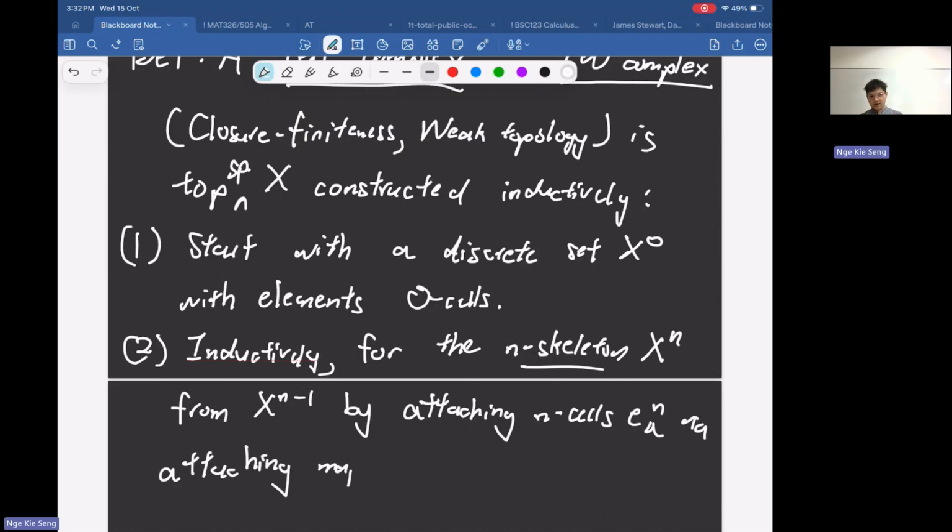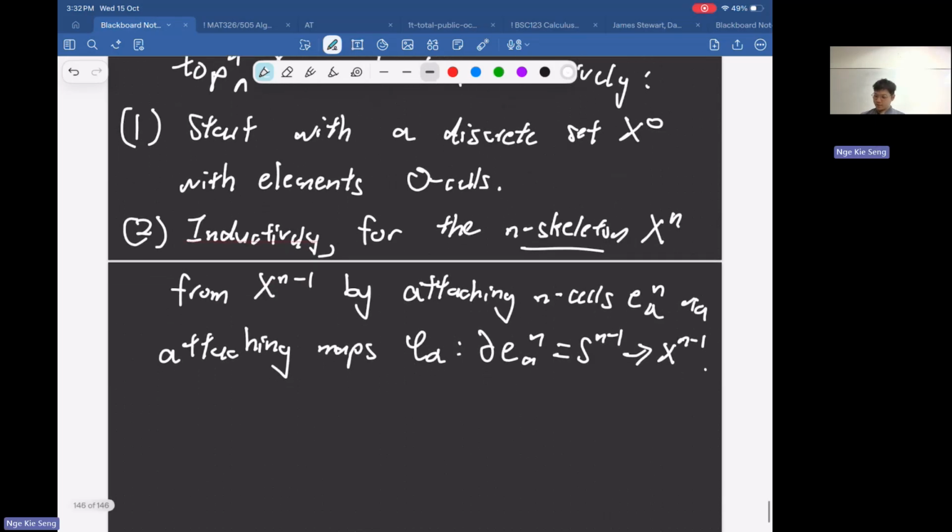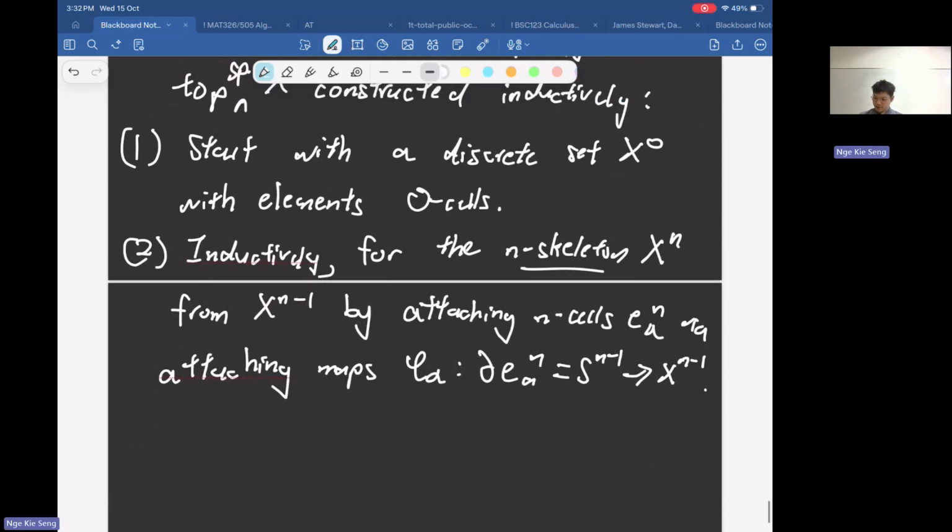I will tell you what this attaching map is doing. Basically, you need to glue the boundary of e^n to X^(n-1). Let me draw it for a moment.